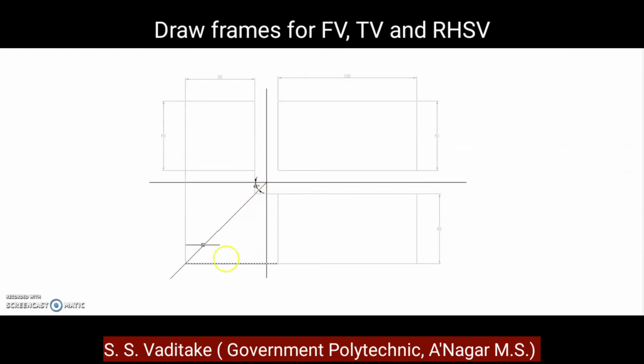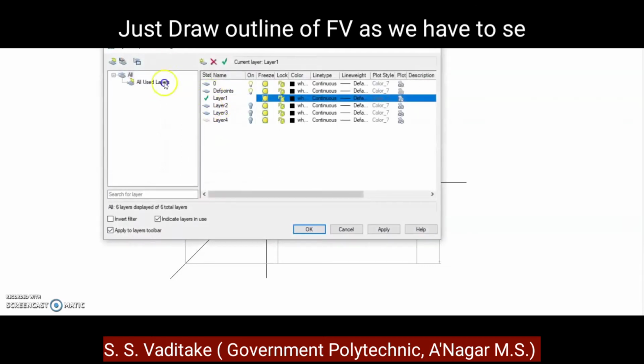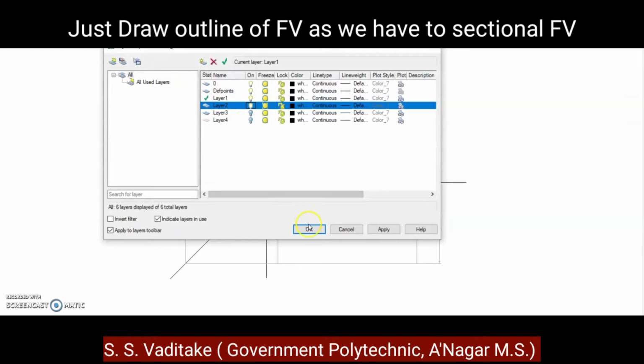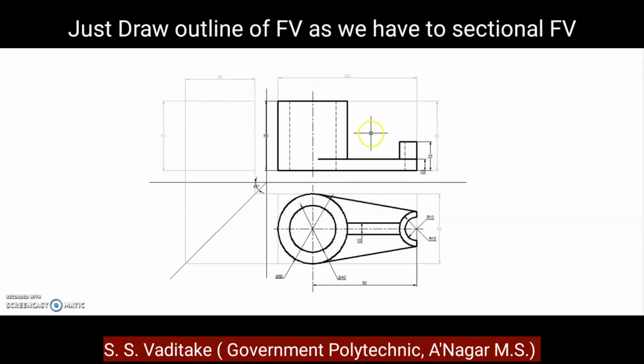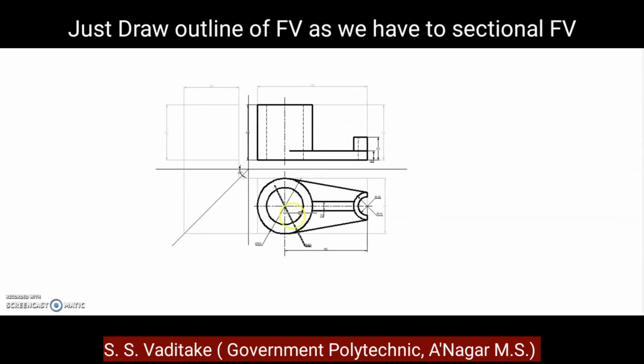And with the help of these projections, draw the frame for right hand side view. Thus the three frames are prepared, and now within this frame redraw the given front view and the top view.